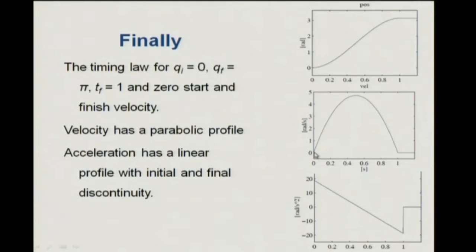The velocity has a parabolic profile, acceleration has a linear profile like we all predicted, nothing great about it, with this discontinuity at 0 and 1. The velocity does not have a discontinuity, the acceleration has a discontinuity. So, this is trivially simple. Okay. Finally, getting this.